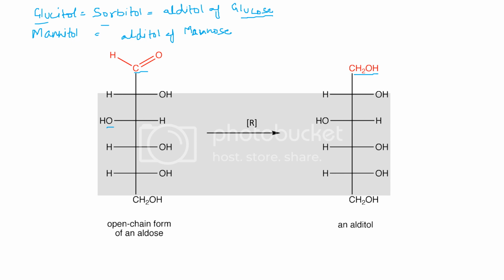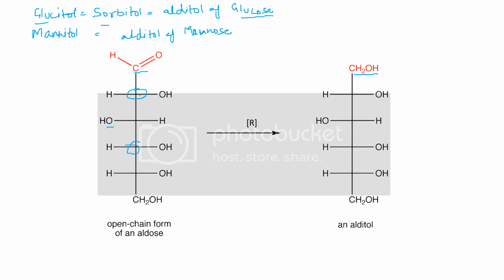Based on the glucose, you can draw the structure of fructose. Fructose is a ketohexose. All other configuration will be same. And if we talk about mannose, mannose and glucose are C2 epimers, so they will differ at the C2 carbon. Glucose and galactose are C4 epimers, so they will differ in the configuration at C4.